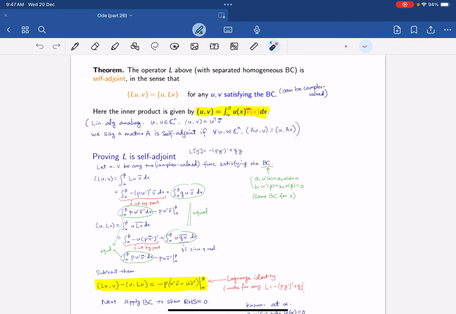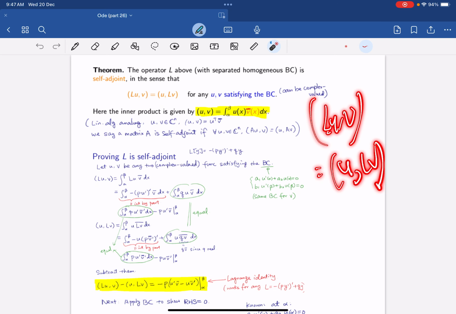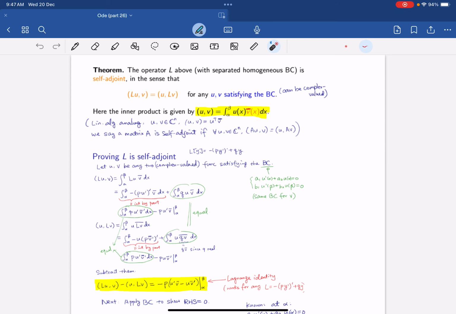And so we have some theorems, and one theorem is we will show that the linear operator for this boundary value problem is self-adjoint. And self-adjoint just means that the inner product of Lu comma v equals the inner product of u comma Lv. So the linear operator can shift between the parameters.